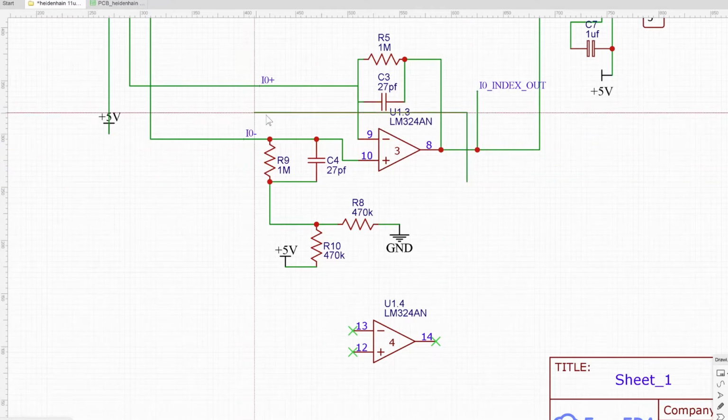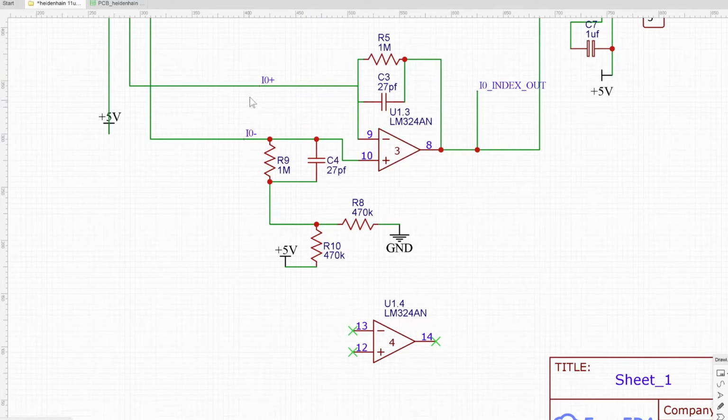Sometimes this tool drives me crazy. Anyway, so how does this work? In this instance, I'm using the index pair of signals, but it works the same for all pairs of signals.